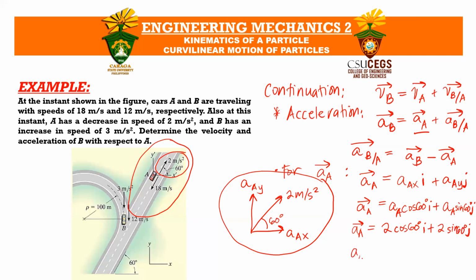So the vector form of the acceleration for car A would be equal to 1 i, since 2 times cosine 60 degrees is equal to 1, plus 2 times sine 60 degrees, which is equal to 1.73, so 1.73 j meters per second squared. So that would be the vector form of the acceleration for car A.